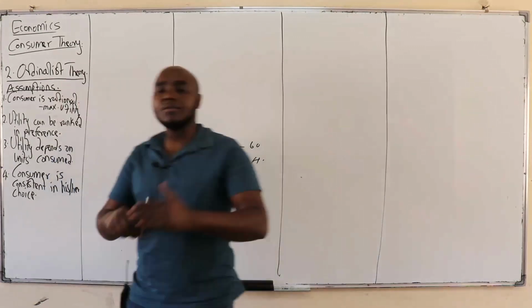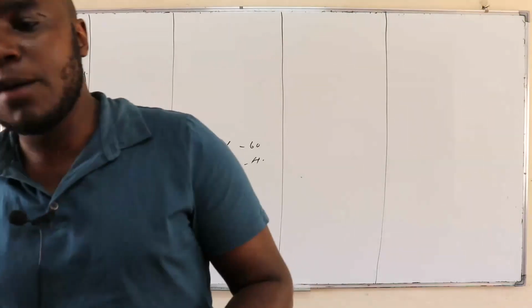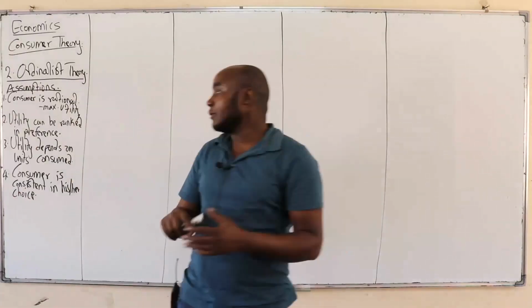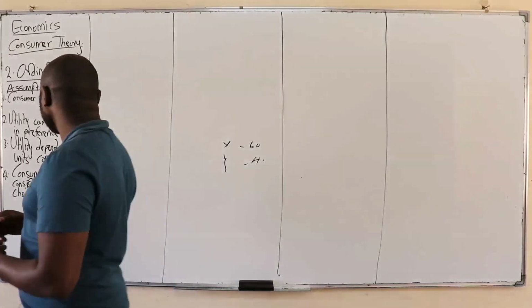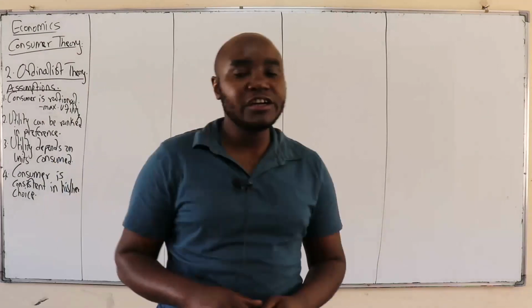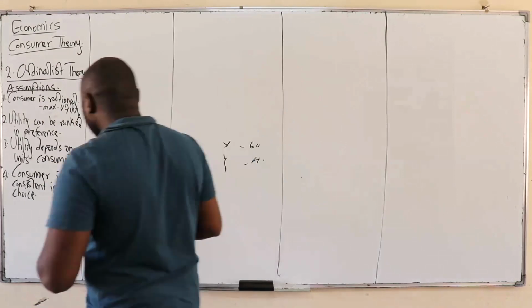We are able to rank our utility in such a situation whereby we know which is more preferable and which is less preferable. And number three is that utility depends on the units consumed, that our level of satisfaction will be determined by the units consumed.